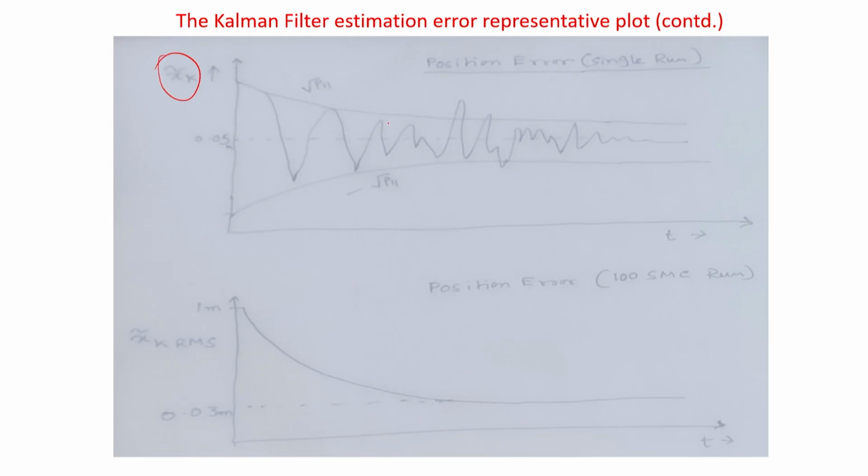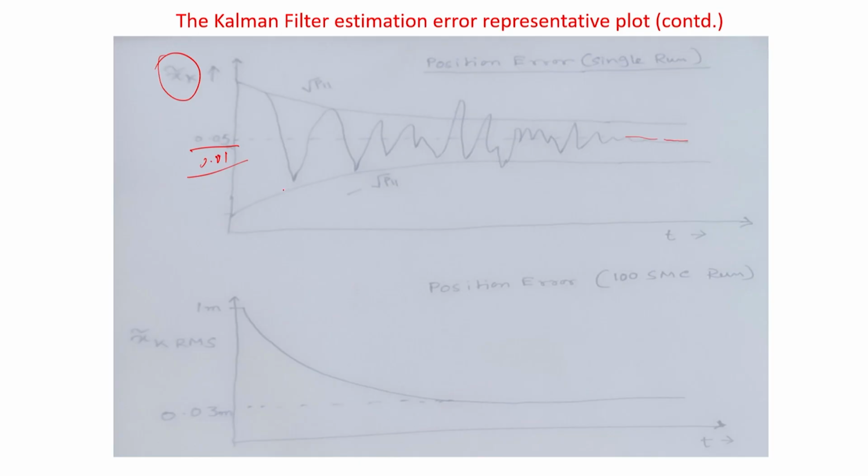Initially the error was large, and gradually it smooths out to a very small value, say 0.05 or 0.01. The mean value will be close to 0, because your estimation is unbiased. In simulation you will get near 0, even 0.001.